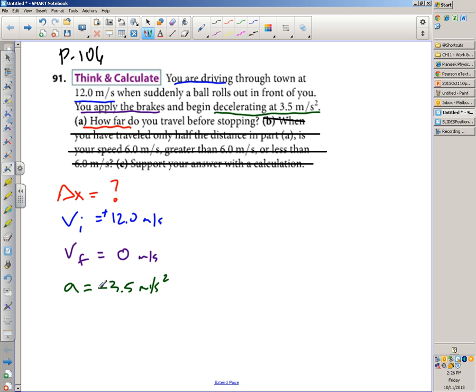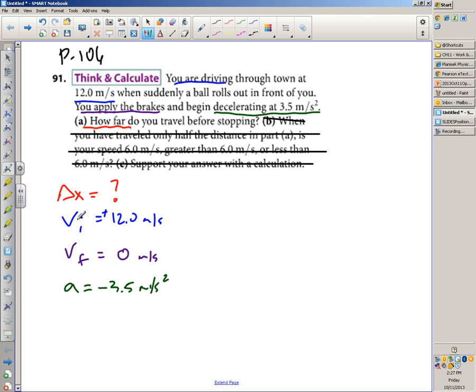Okay? Good there? So we said that in solving a kinematic equation problem, the magic number for pieces of information is 3, and we have our 3 pieces of information. So now it's a matter of going to our list of kinematic equations and finding the equation that has these 4 variables, the 3 that we know and the 1 that we don't. Okay?